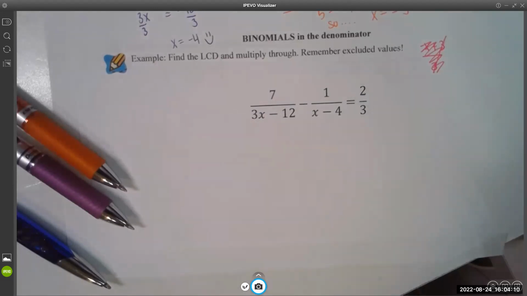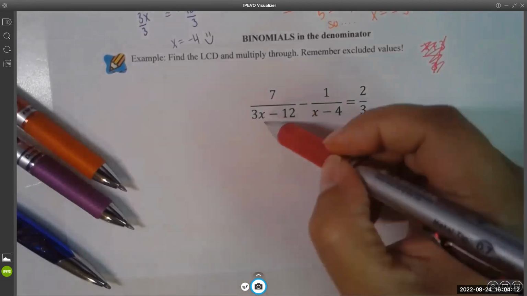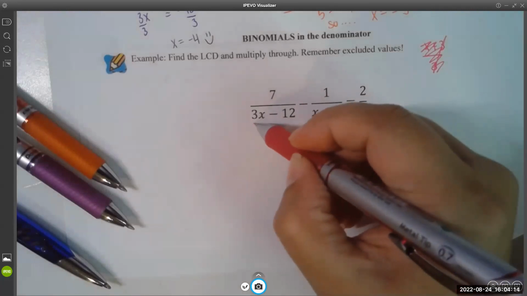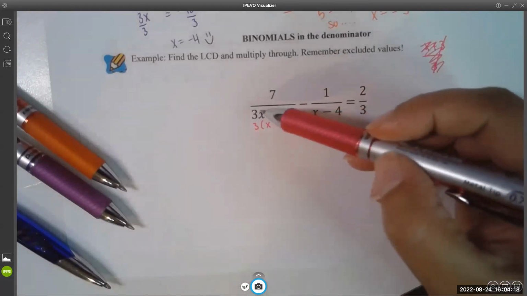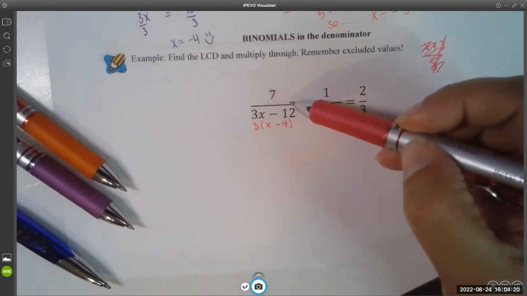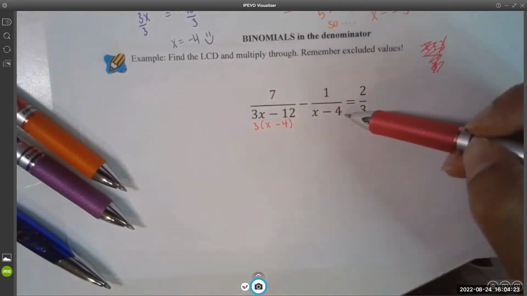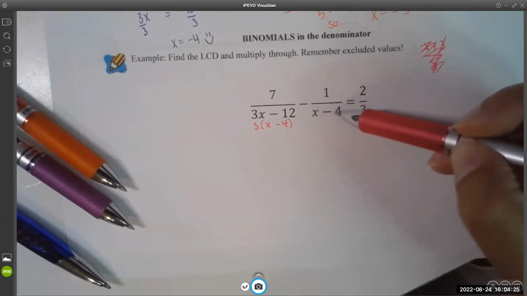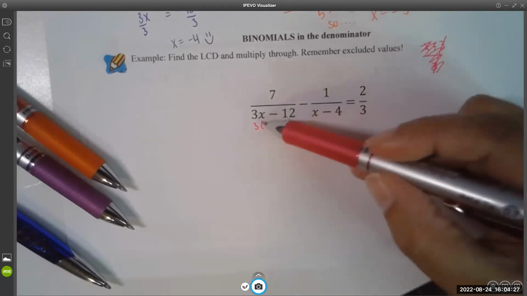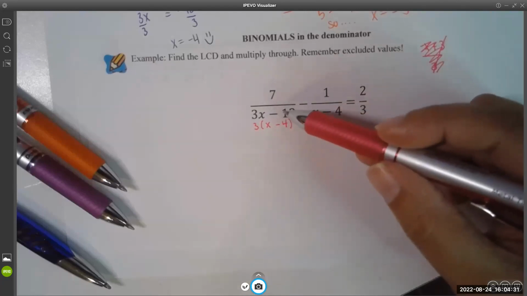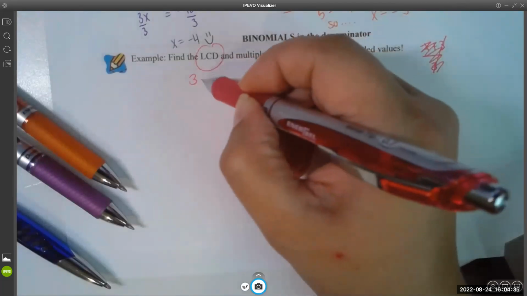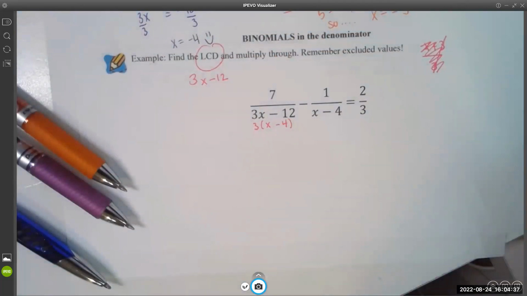So you want to understand 3x minus 12 as its factored form, that this is a 3 times x and a 3 times 4. So if I'm looking for a common denominator, x minus 4 is a factor of this first one, and 3 is also a factor of that one. And so the least common denominator is 3x minus 12.